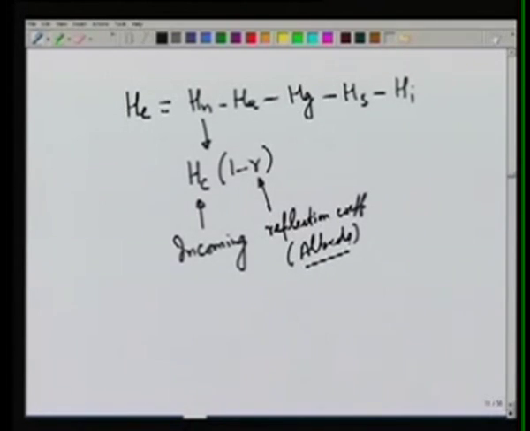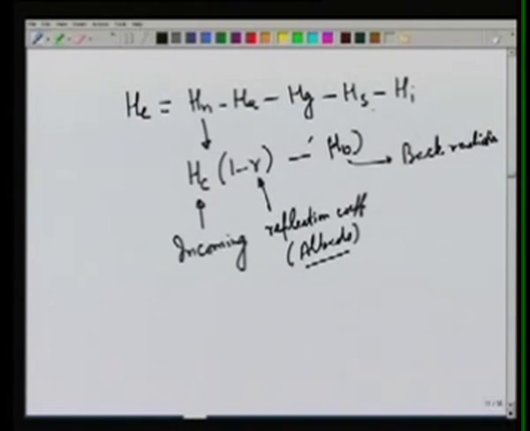The albedo value will show how much is reflected back to the atmosphere of the total incoming radiation, and then we will have to subtract some back radiation, so we can write this as minus Hb.